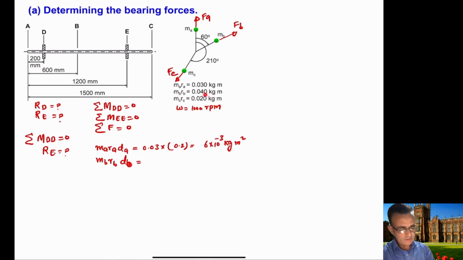MBRB is 0.04, and dB is the position of this out of balance mass at location B. The distance from here to here is 600, but we are taking the distance from D because we are taking the moments with respect to D. So this will be 600 minus 200, so it is 400 millimeter, or 0.4 meter.